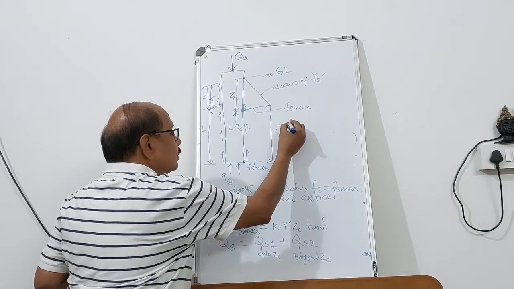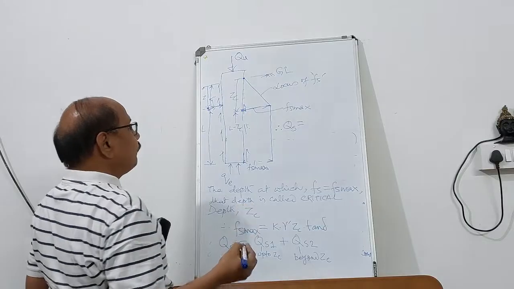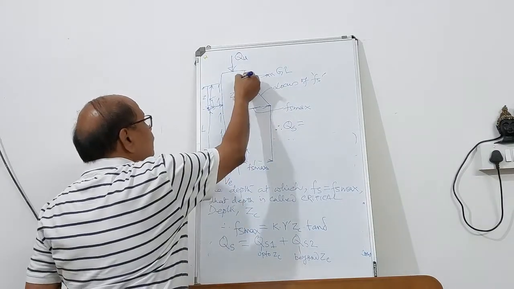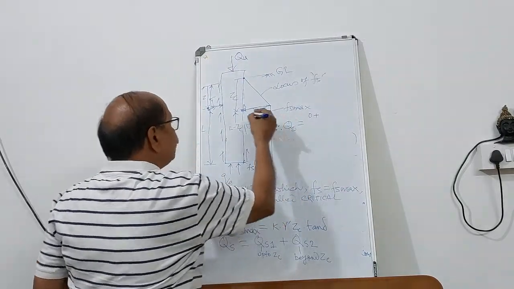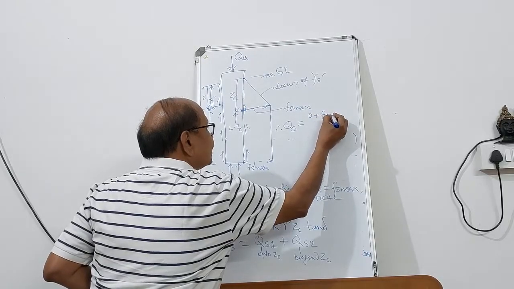Therefore, the total skin friction will be equal to Qs1. It is 0 here, plus what is the value of Fs here? It is going to be Fs max.